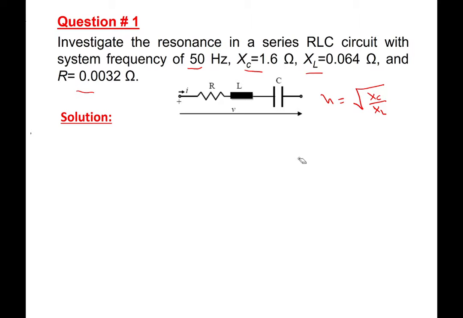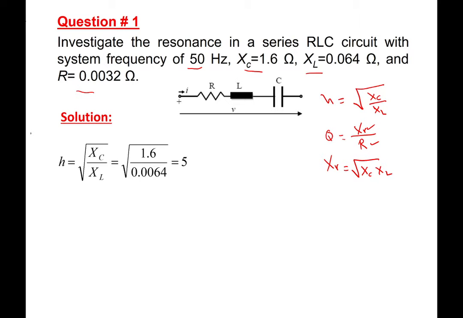Since this is a series resonance, the quality factor Q will be equal to XR divided by R, and of course XR is equal to H times XL, or XC over H, or the square root of XC times XL. So this is calculated, this is given, then we can find Q.